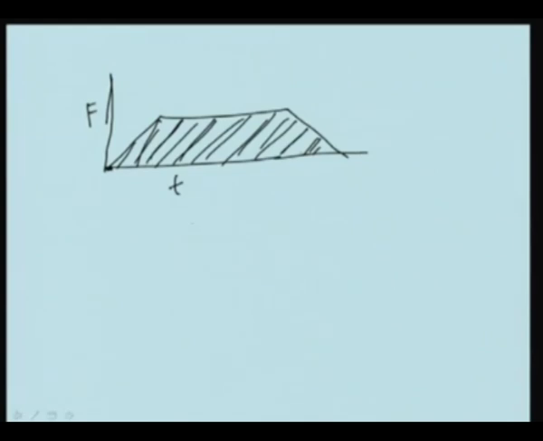Now I put a question: if a truck and a car are moving with the same linear momentum, and the same braking force is applied, which will stop first? In this case, both will stop together, because the change in momentum is the same in both cases. So Ft is equal to the change in momentum. If the braking force is also the same, then the time will be the same. So, this problem also has been done.